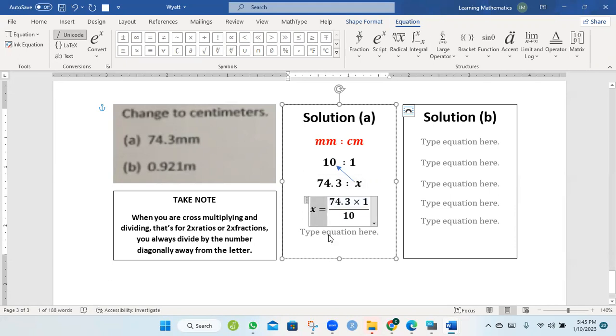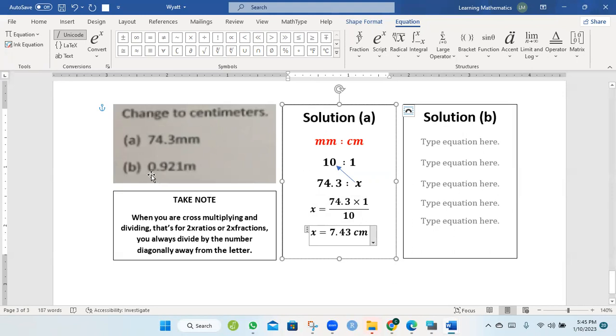The decimal point must go towards the left, the number of zeros. So 1 step towards the left, that will give us 7.43 centimeters. So 74.3 millimeters is 7.43 centimeters.